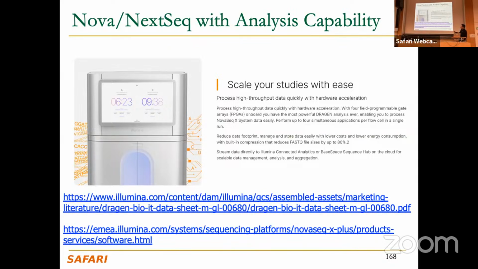There's a huge speedup for the entire genome analysis, reducing the latency, such that we can now generate the data and then perform the full analysis, starting from read mapping to variant calling, maybe even within a few hours. If you are interested, I won't be able to provide you the link here. Maybe I'll update the slides later on, but take a look at this paper. It's pretty interesting.